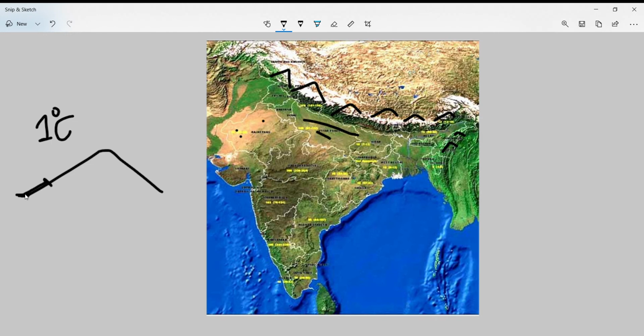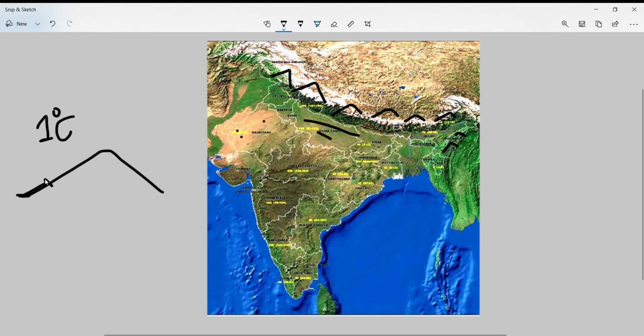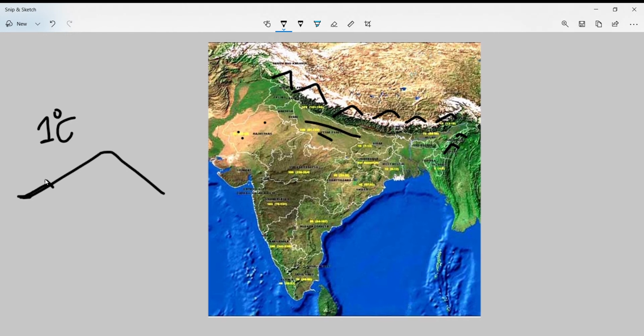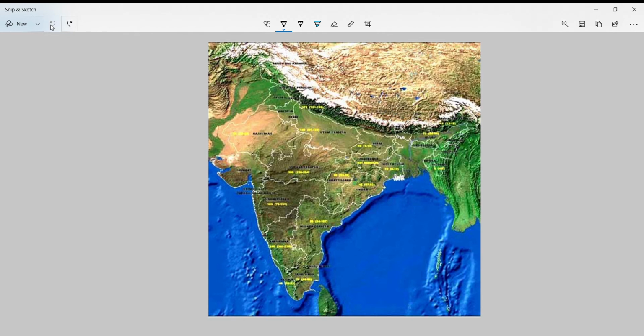So you climb 165 meters, temperature will drop by 1 degree Celsius. And you climb a further 165 meters, temperature will drop further. Like this, temperature keeps decreasing as the height keeps increasing. So that is why mountains are cold as compared to the plains. This is varied relief as well as altitude. Both the factors are almost the same.